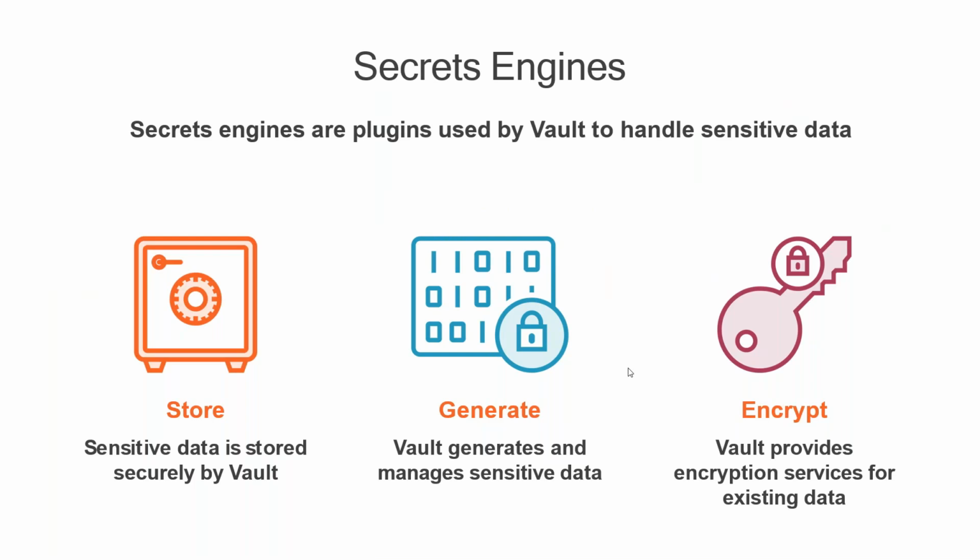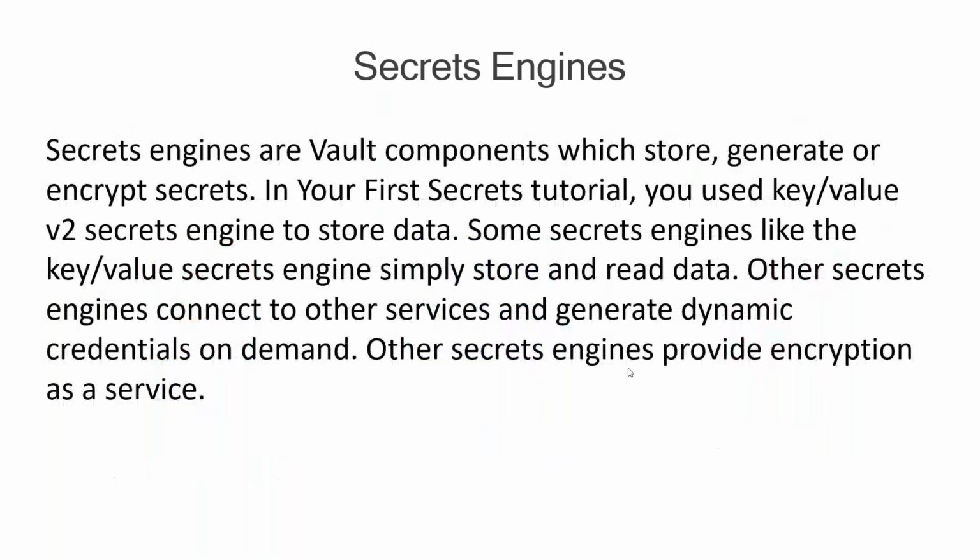Vault also generates and manages sensitive data using the secret engine, and it encrypts. Vault provides encryption services for existing data. So these are the three features provided by the Vault secret engine: store, generate, and encrypt. Secret engines are Vault components which store, generate, and encrypt secrets.